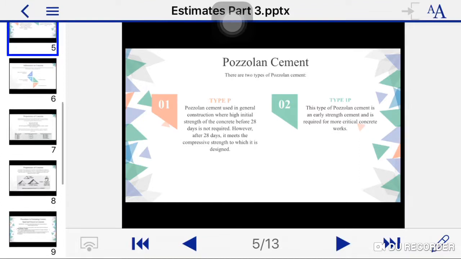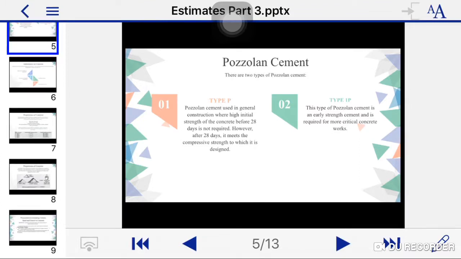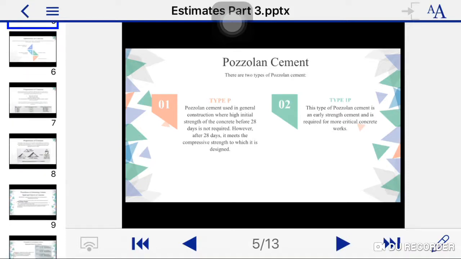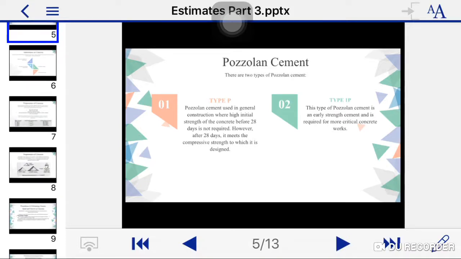Then the next type of pozzolan cement is type 1P. This type is an early strength cement and is required for more critical concrete works. The magnificent structures among the wonders of the world today, which were constructed out of pozzolan cement thousands of years ago by the Romans, are cited as proofs of the toughness and durability of pozzolan cement.